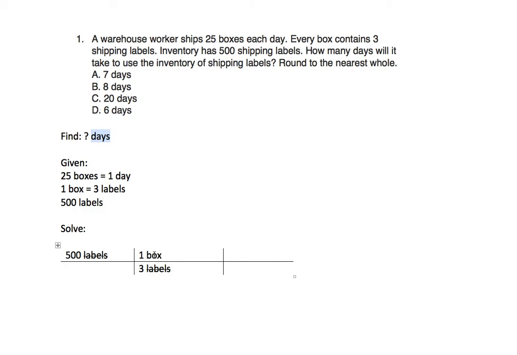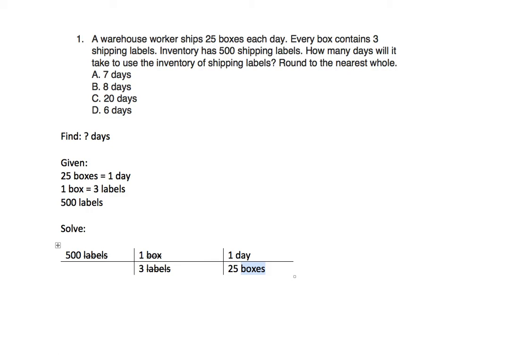So then going through the same process, if we have box here, we want to get rid of box. So we're going to put 25 boxes in the bottom so that boxes cancel. And then whatever that's equal to, 1 day, we put that here. We cancel our boxes.